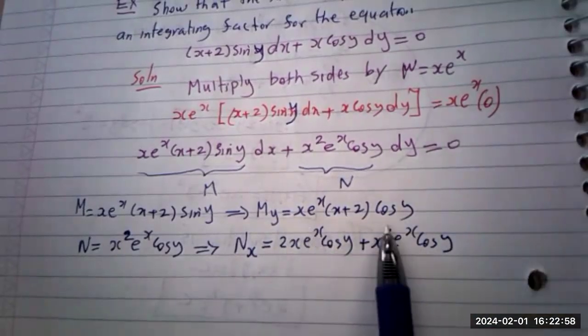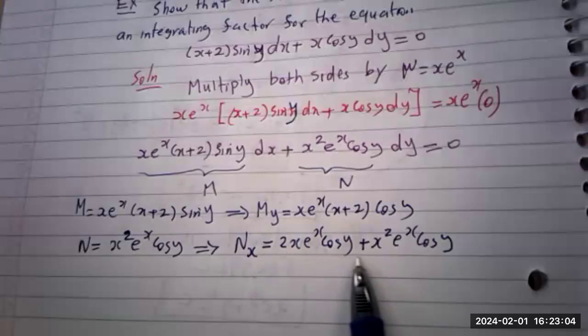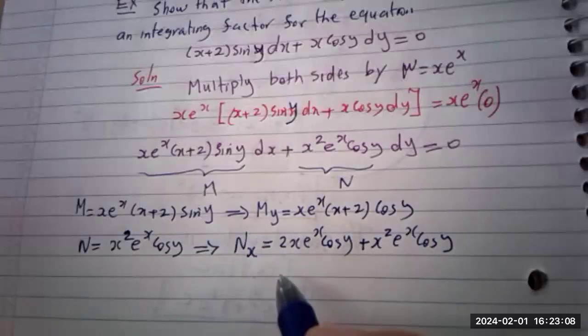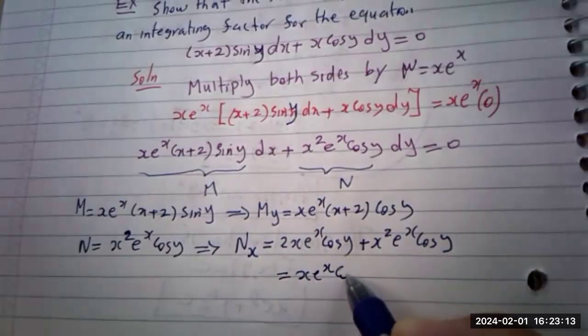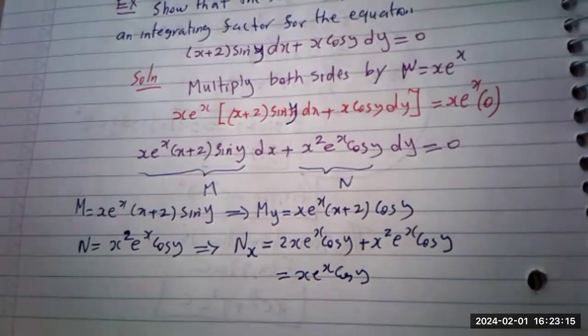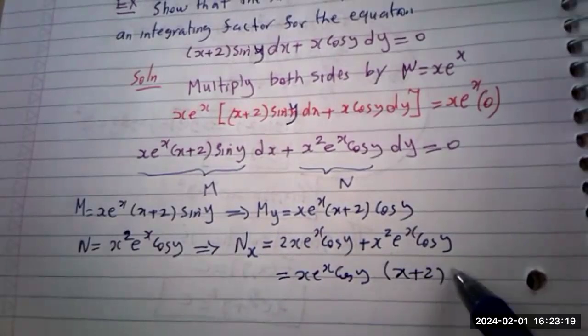You know, if you factor out x e to the x cosine of y, you get the leftover of the x here and the 2 over there.